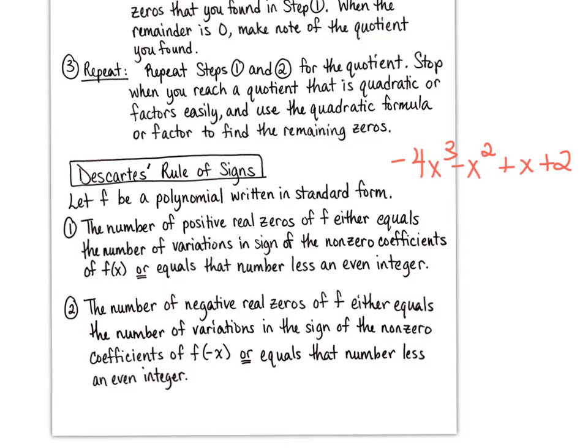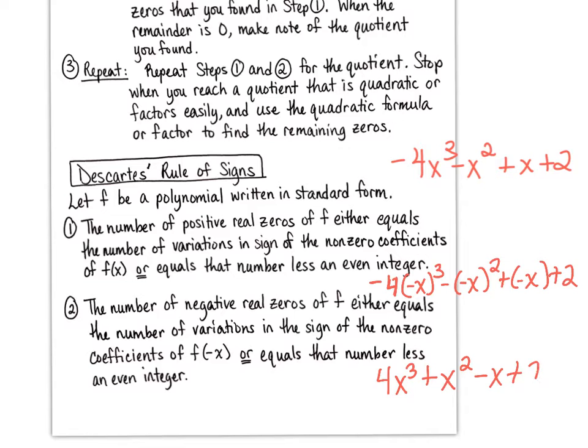You would have 4 times negative x cubed minus a negative x squared plus a negative x plus 2, which when simplified would give us 4, or that was a negative on the outside, right? So make sure we put that. So negative x cubed is negative x cubed times the negative gives us positive. So that's 4x cubed plus x squared minus x plus 2.